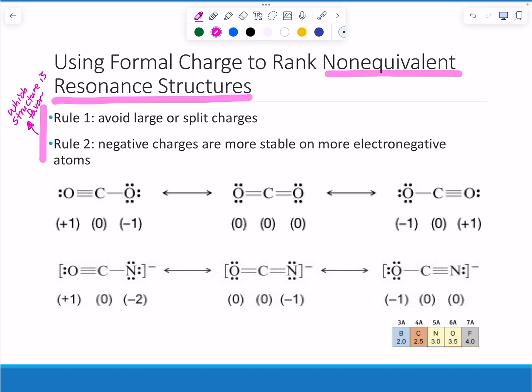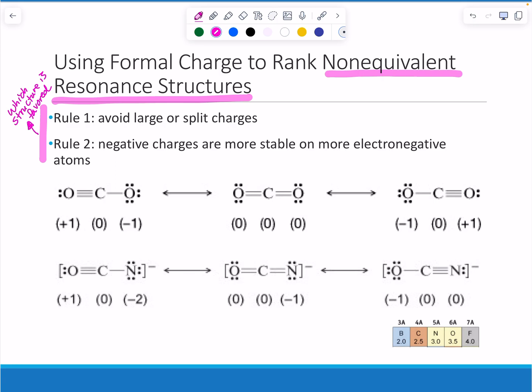And remember, favored means lower energy. The laws of the universe mean the molecule is going to exist more in that state than the other ones, okay? Even though anytime you have resonance, all those structures exist, okay?